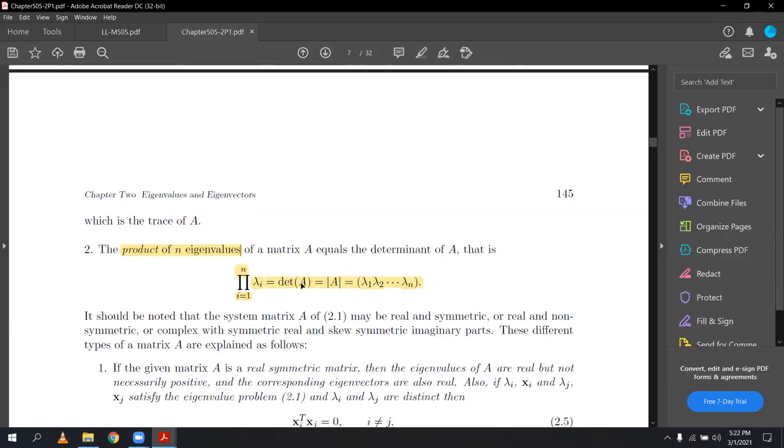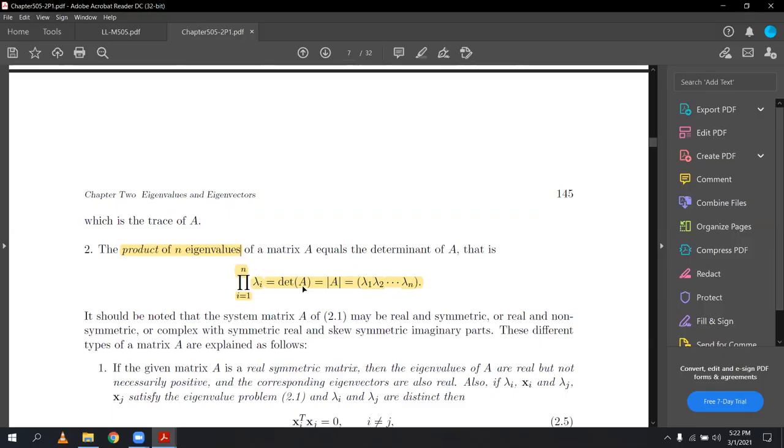If you want to find the determinant of the matrix, how can you find it? Multiply all the eigenvalues together, and that gives you the determinant of the matrix. Now you can see from this definition, if any eigenvalue is 0, it means the determinant must be equal to what? 0.